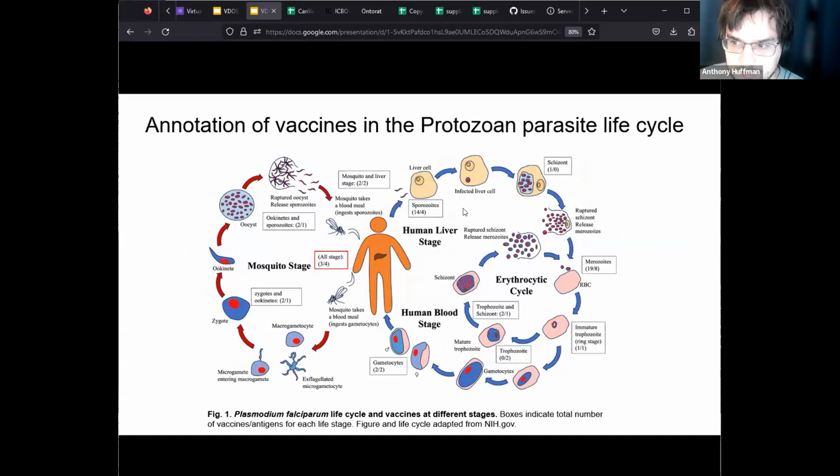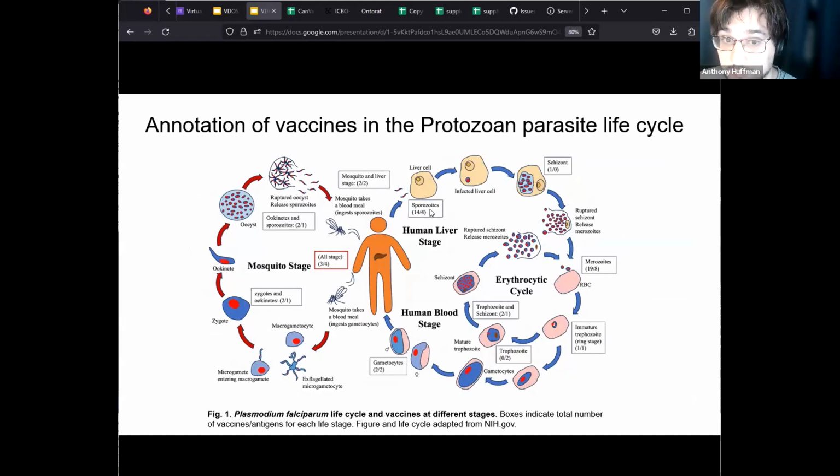So when we take a look at the different protozoan parasite life cycles, we have this nice example of Plasmodium falciparum. In each of the colored boxes over here, we have the different parasite life stages, shown next to the actual host stage that the parasite cell infects.